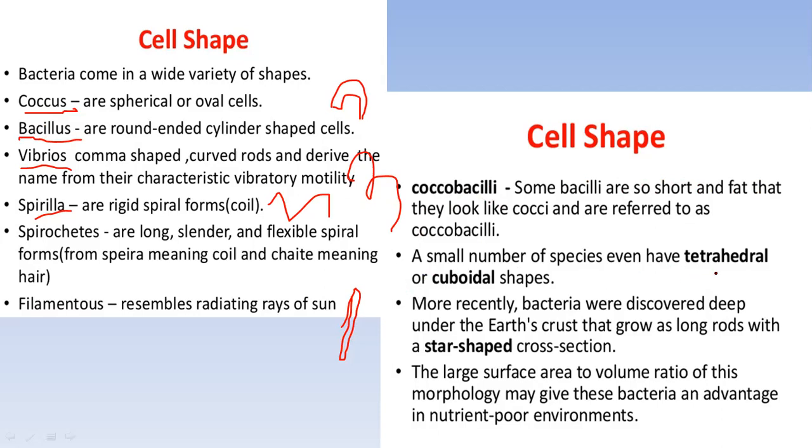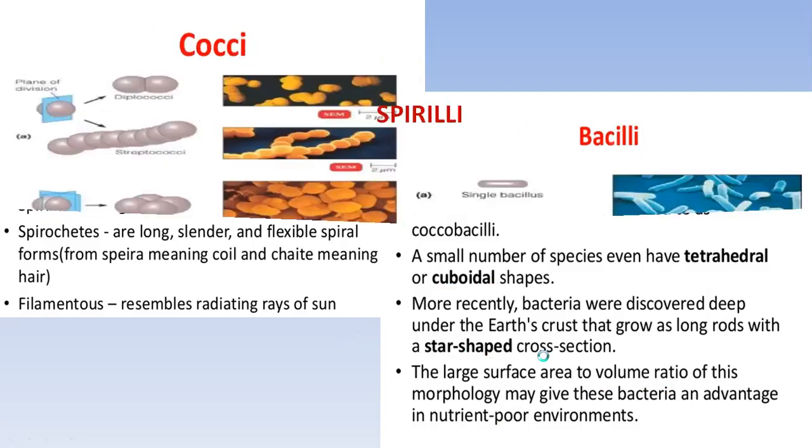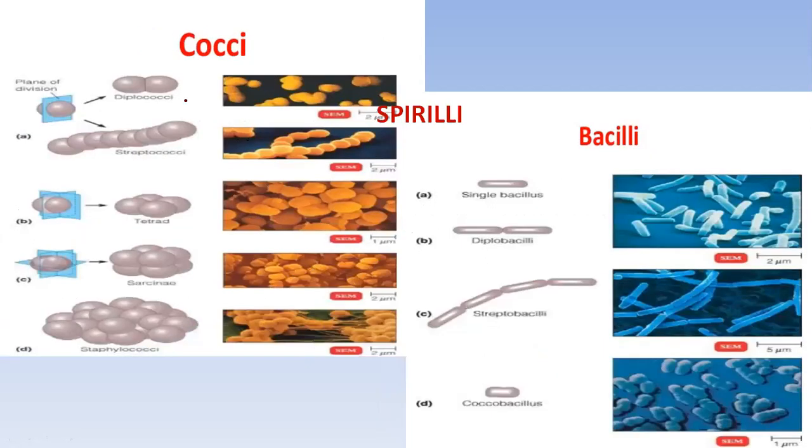Then tetrahedral and cuboidal shapes can also be found. Tetrahedral has four sides, and they also appear in cuboidal shapes. They are star shaped also, rod-like also, and they can live anywhere. Yeah, we know about that.